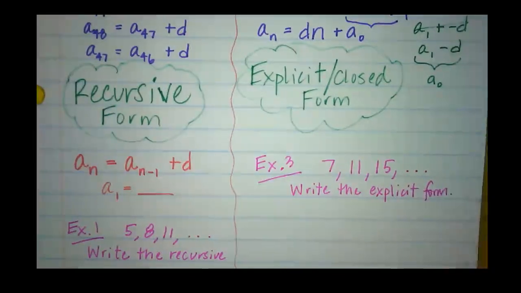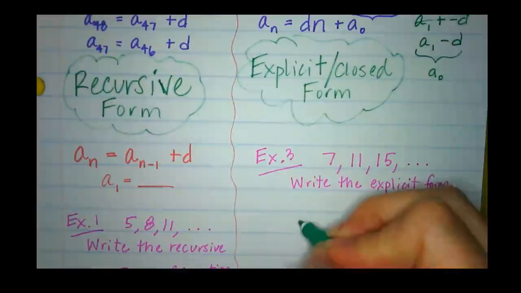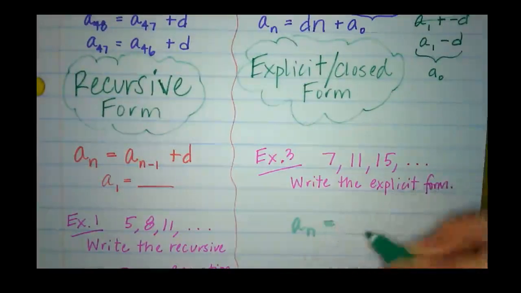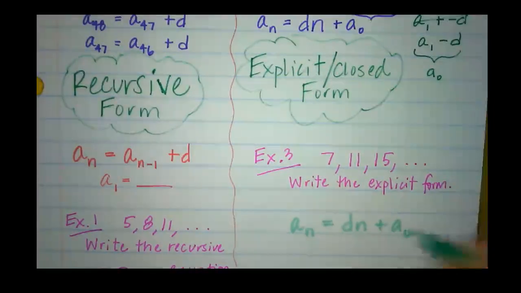Okay, so in order to write the explicit form, what I want to do is take AN, and I'm going to fill in DN plus A0.